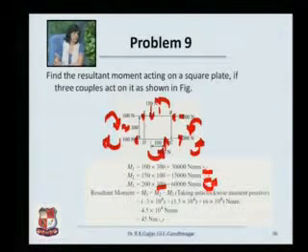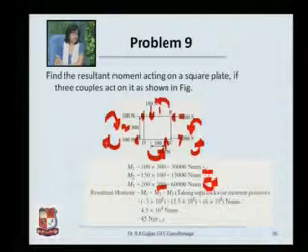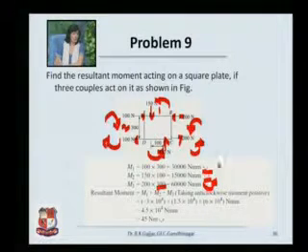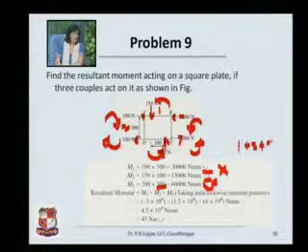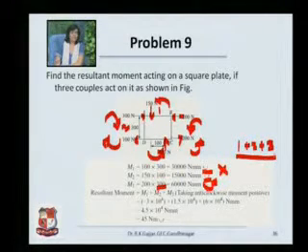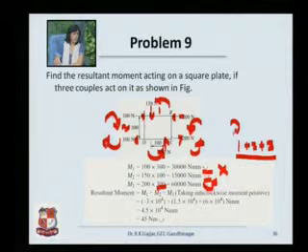Therefore, if we just do a simple addition now, M1 plus M2 plus M3, we must stick to our sign conventions. Mind well, if you take a wrong sign convention, you will get a wrong value. If you just add all of them without looking at the direction of the couple, you will not get the correct answer, because each one will have a different effect whether in the clockwise or in the anti-clockwise direction.